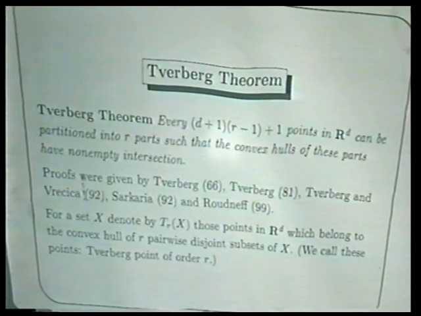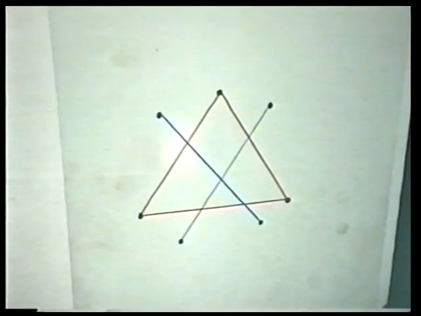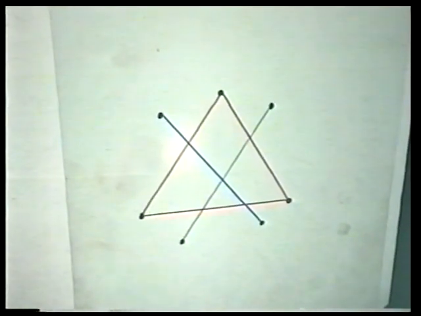The formula is that if you have (d plus 1) times (r minus 1) plus 1 points in R^d, you can partition them into r disjoint parts so that the convex hulls of these parts have non-empty intersection. Here is an example of 7 points in the plane, and this is the partition into 3 parts. One part is the triangle, the 2 other parts are line segments, and there is a point in common.